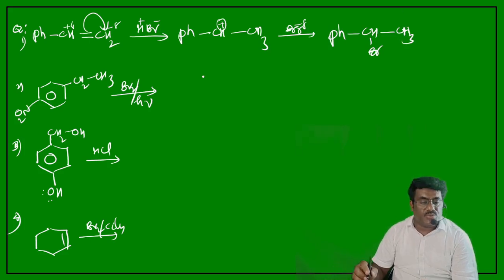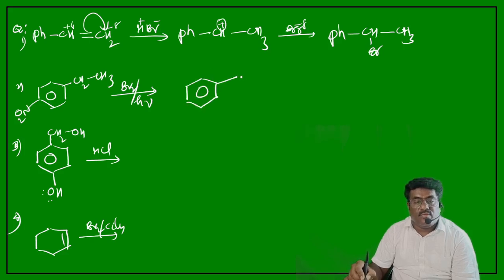Next question: benzene with CH2CH3 and NO2, an electron withdrawing group, in the presence of bromination. What is the product? It forms the bromo compound with CH3 and NO2.